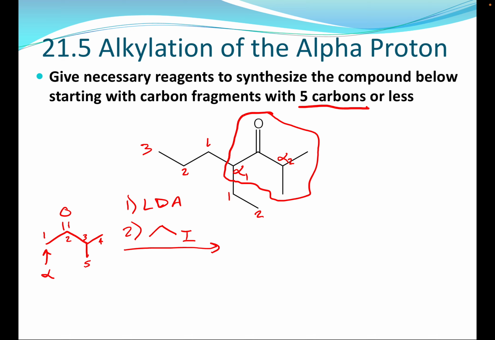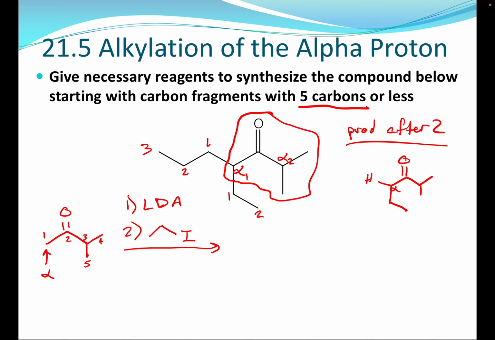And in fact, if we want to draw what that product is, the product after step 2 would look like this. So there's my alpha position that we're attaching things onto. And to make it look like the structure that we have drawn for us, here's what that product would look like.